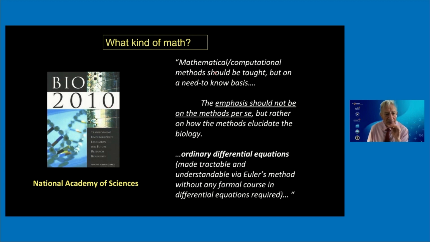And notice what they have to say. Mathematical methods should be taught, but on a need-to-know basis. In other words, don't tell me you have to memorize that the derivative of secant is cosecant or whatever it is, because 2 years from now, you'll thank me because you're going to need it. That's bad teaching.